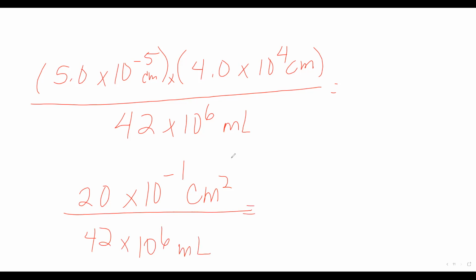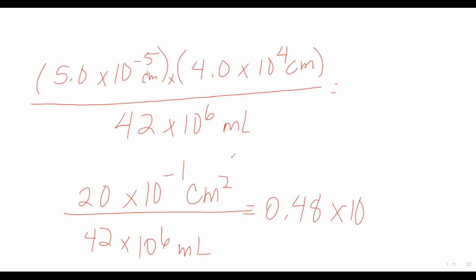So now we divide: 20 divided by 42. That's going to give you a small number, which is 0.48. We only really need 2 sig figs, because everybody has 2 sig figs. And that's the rule. And now times 10 to the what?